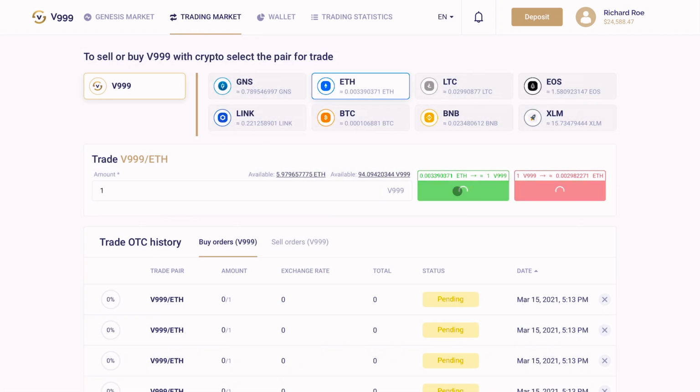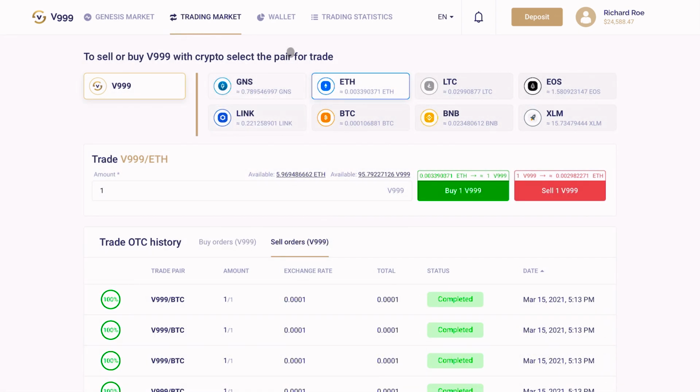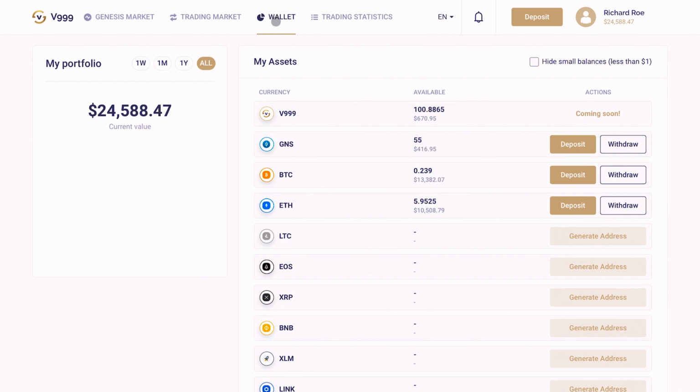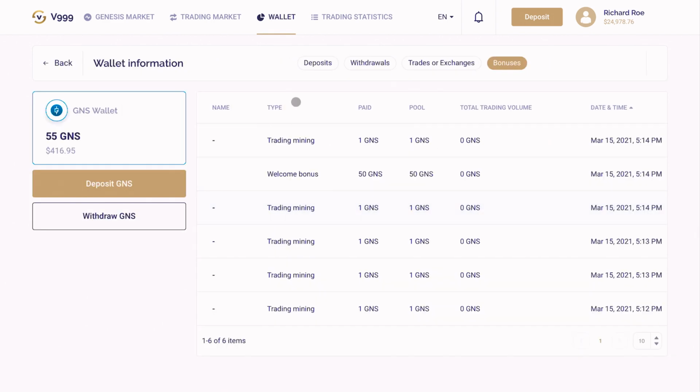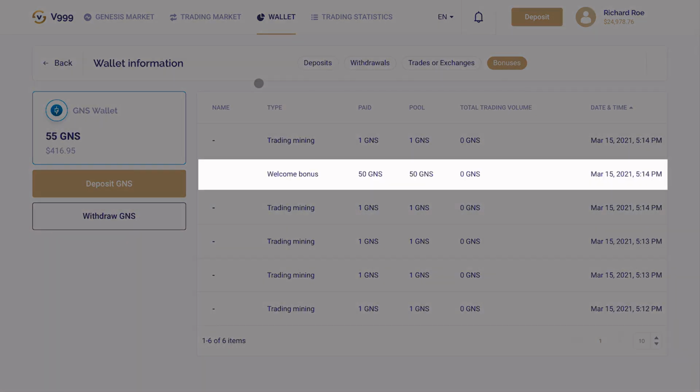Be ready for the welcome bonus. According to the Genius white paper, you will receive a welcome bonus of 50 GNS tokens for the first 5 GNS tokens you generate.